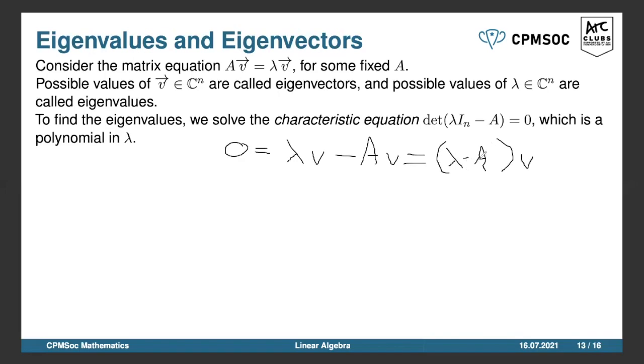And we can't really subtract a matrix from a scalar. But what we can do is say that this is lambda times the identity matrix.